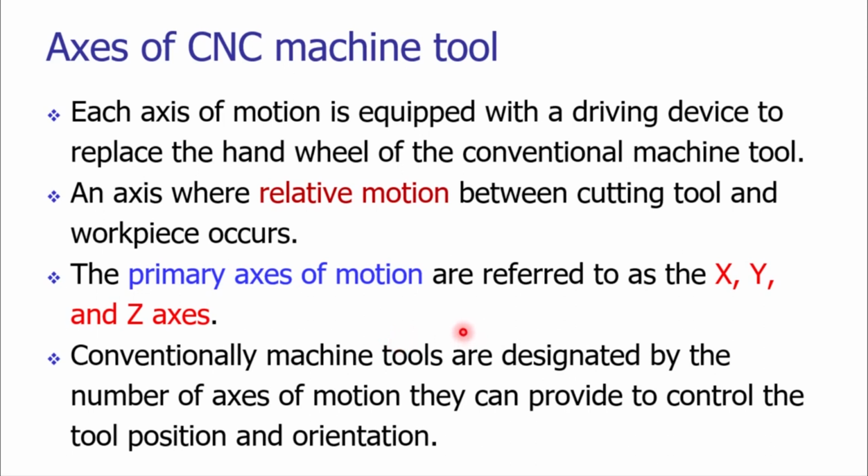In general, CNC machine tools have the primary axes of motion designated as X, Y, and Z. Conventionally, we designate machine tools by the number of axes of motion which we can control during operation. These motions can control the tool position and orientation.